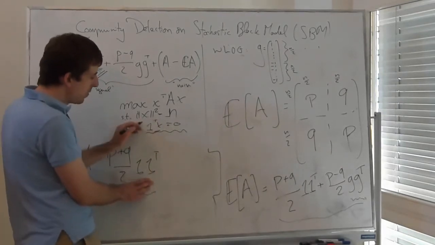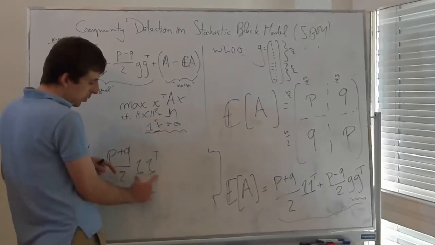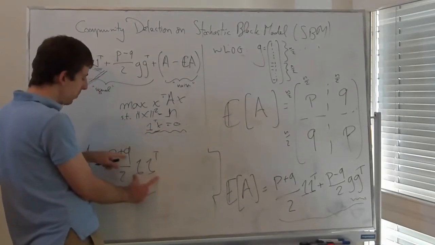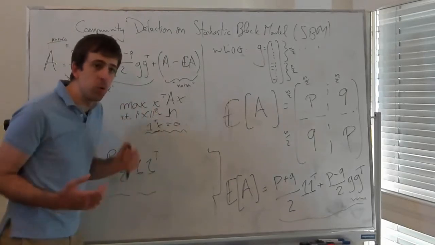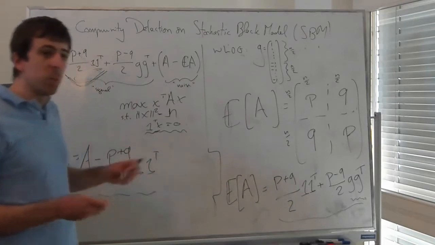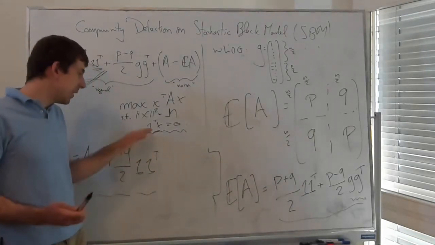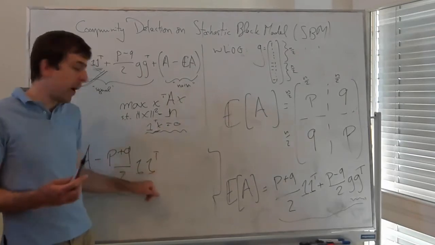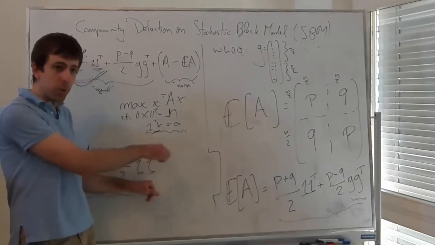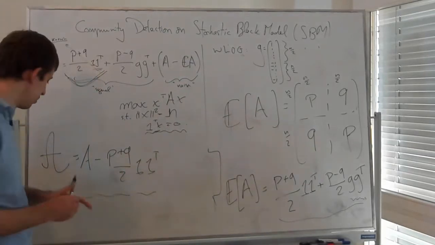Let's say this value is 2, we'd get basically 2 squared from here. So we get (P plus Q) over 2 times 2 squared, a negative term. And this is a bit like a Lagrange multiplier: we move the constraint to a penalty in the objective. And even if this is negative, because we would see X transpose 1, 1 transpose X, it would still be positive here, and therefore it would still be a negative contribution.